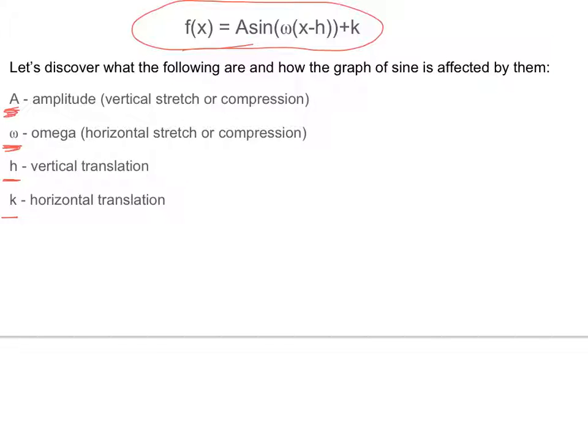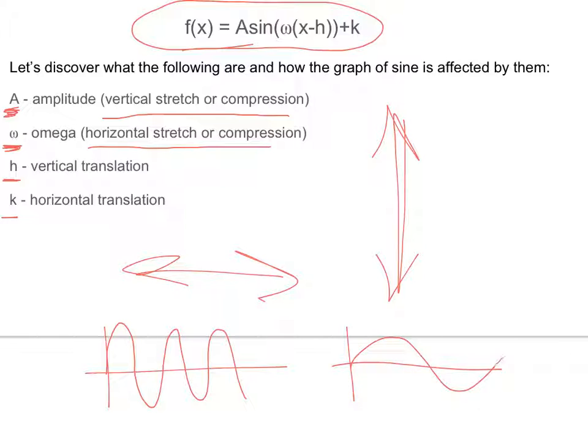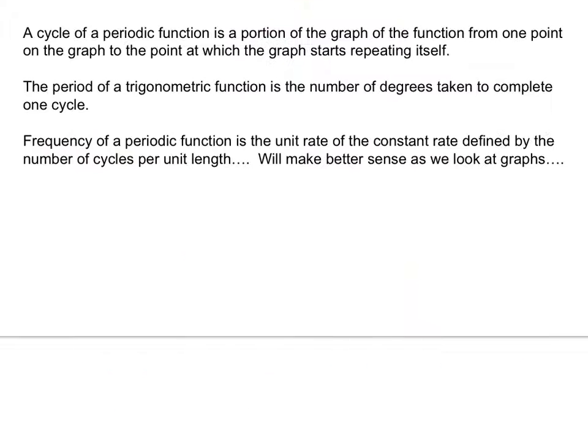As you can see, the amplitude gives a vertical stretch or compression, and omega gives a horizontal stretch or compression. If we have our sine graph, this is our vertical stretch or compression, and this is our horizontal stretch or compression. Vertical is up and down, horizontal is left and right.